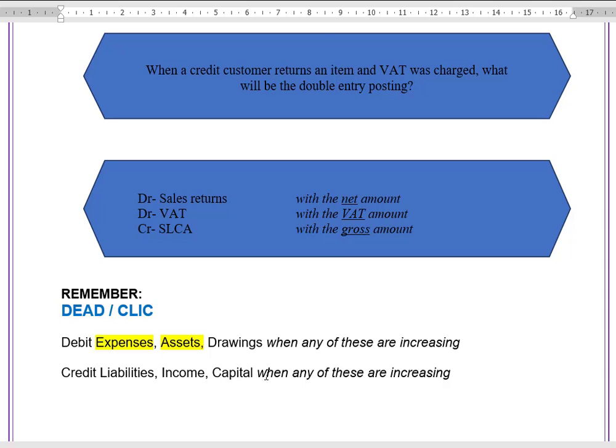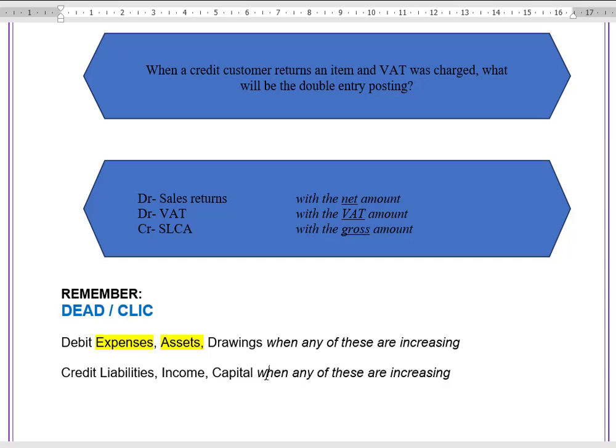The VAT, please do bear in mind when you sell an item, VAT on sales is a liability to the organization. The company has to pay that VAT element to the government. It's not their money at all. It's for the government. So that VAT, when you sold the item, is a liability that has increased.